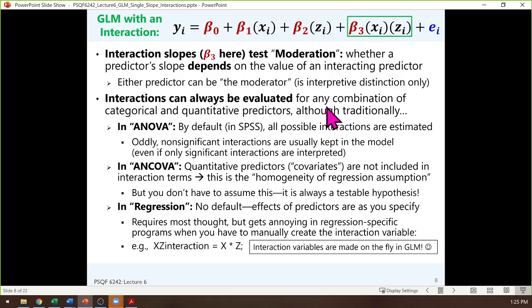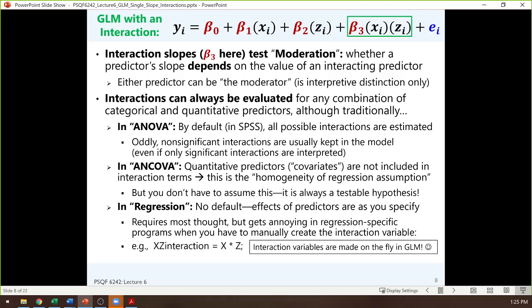So the fixed slope of a variable that also is part of an interaction term is called a main effect. And the rule for these models is that if you have an interaction term, say between x and z, you have to keep the main effect slopes in the model too. So even if beta 1 is not significant, and even if beta 2 is not significant, they have to stay.